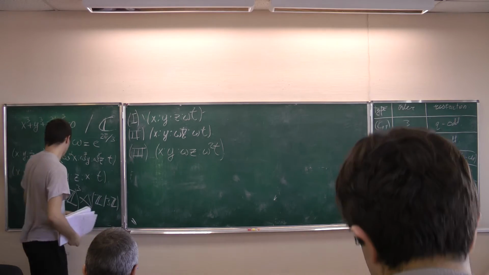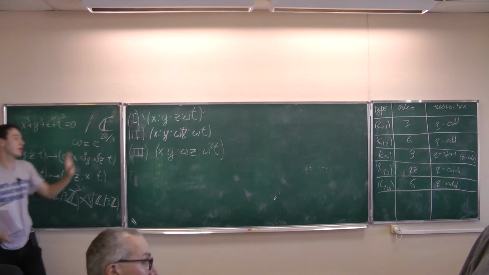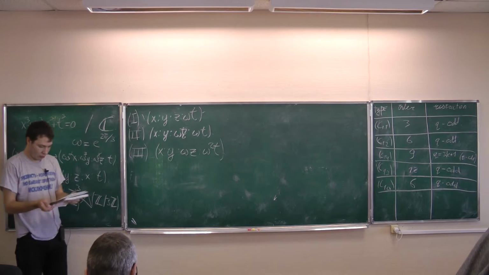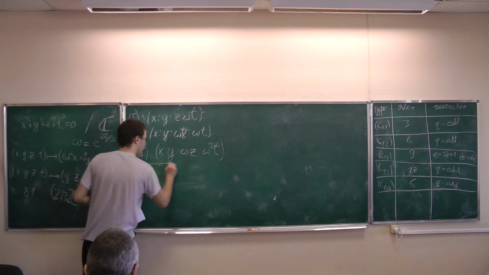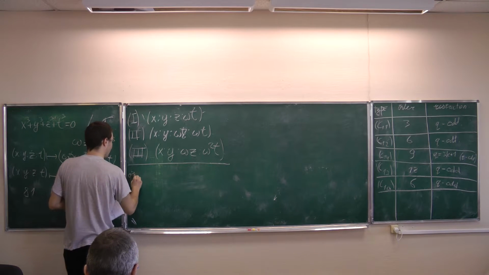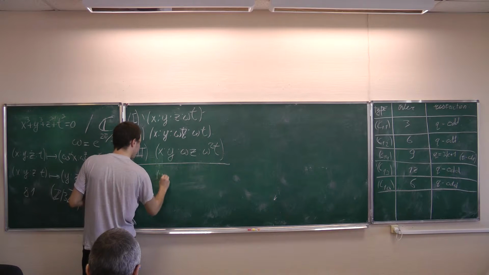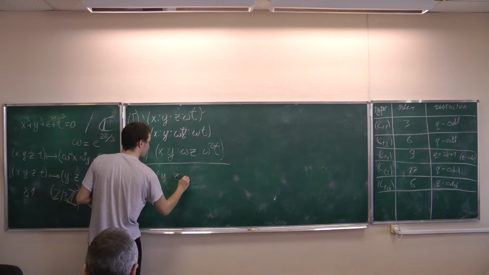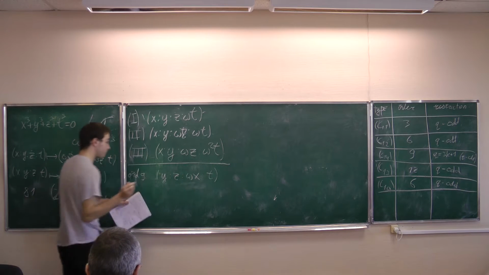Well, one can ask about this permutation, but it's conjugate to type 3. Also, we can see an automorphism of order 9 here. An automorphism of order 9 is generated by a cyclic permutation with multiplication by omega.